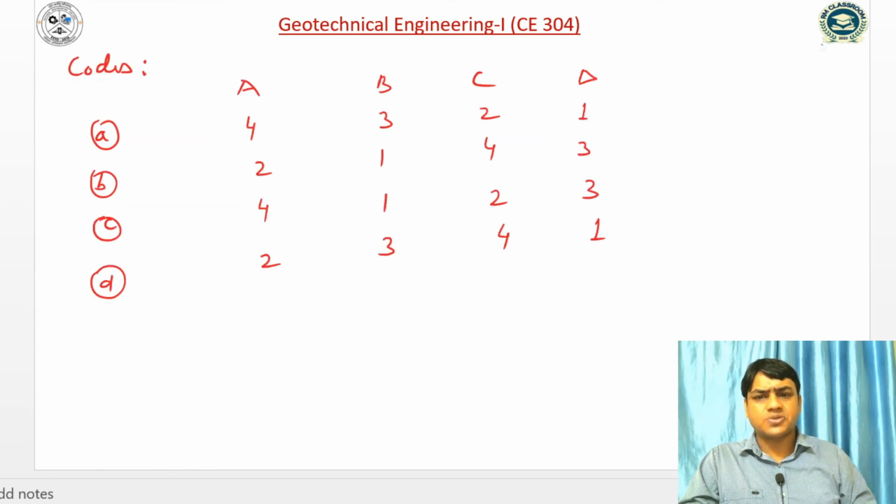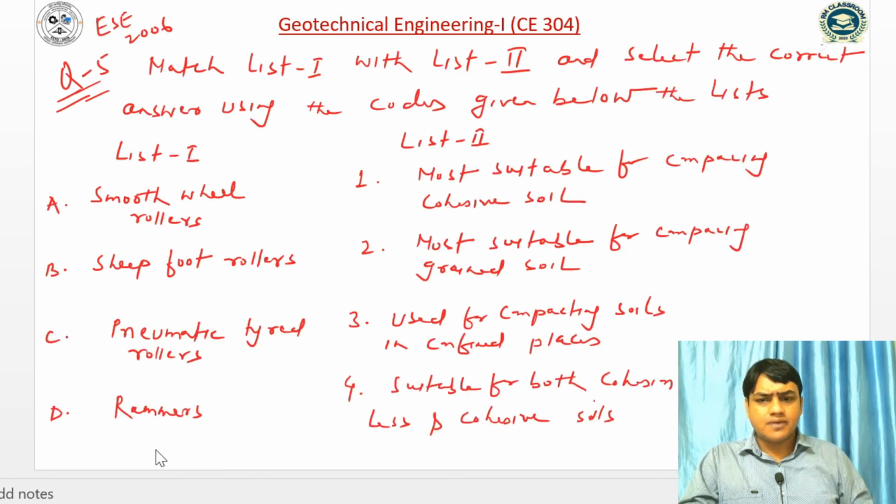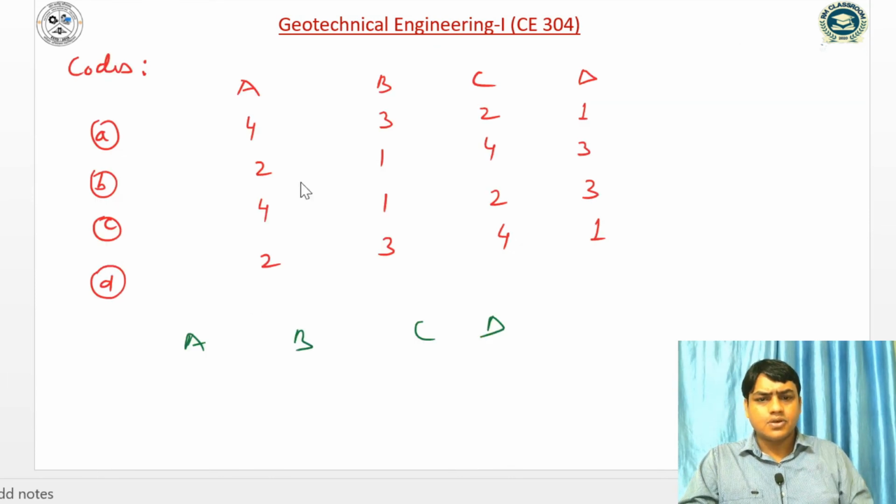If I match A, B, C and D: we have already seen that D is 3. For A it will be 2.